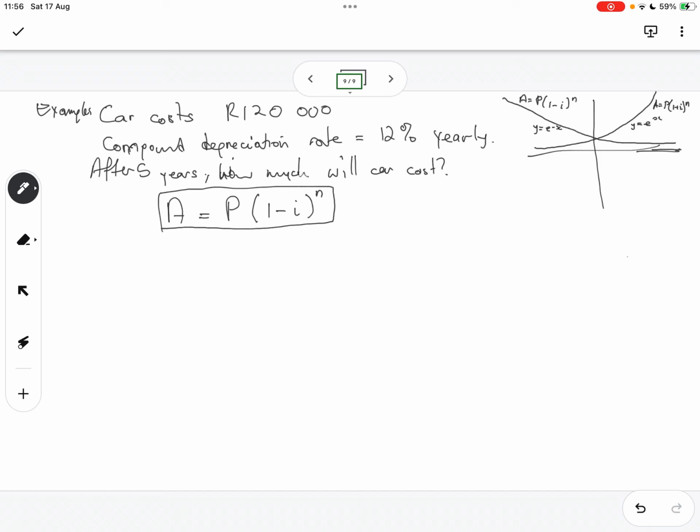It's kind of like if you think about y equals e to the x, then this would be y equals e to the negative x. Same with functions.